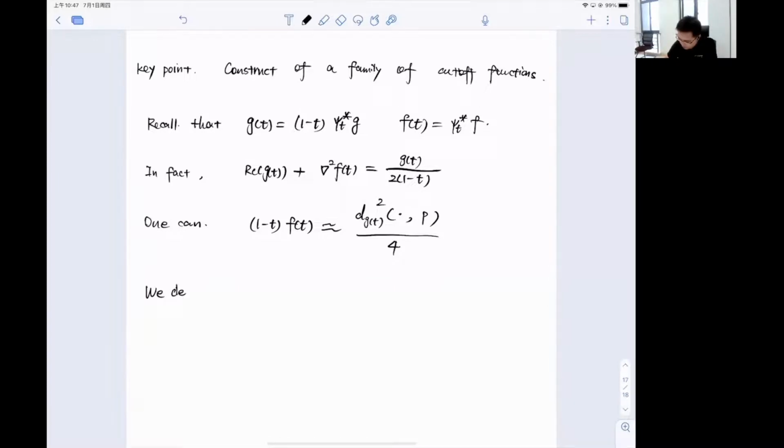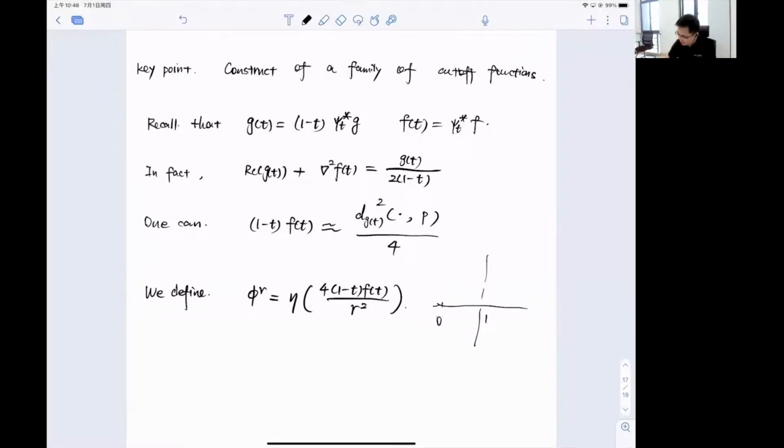We define our cutoff function phi_r as eta of 4(1 minus t) f_t over r squared, where eta is a standard cutoff function, so that when x is less than or equal to 1, it is equal to the constant 1, and when x is greater than or equal to 2, it is equal to 0. So that is a standard cutoff function from 1 to 0. This is the choice for eta.